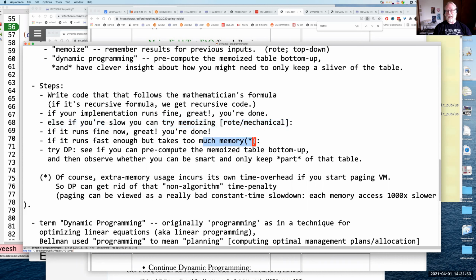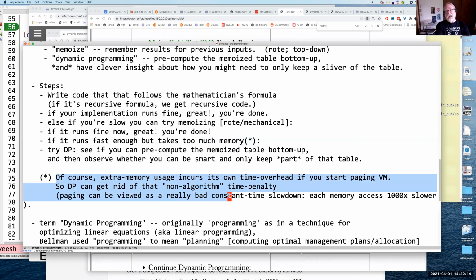If it takes too much memory, using too much memory ends up costing you time, right? You have to allocate the memory, you have to maybe be moving it around. If you fill up your physical memory, you might start swapping out to virtual memory, out to the disk, or even just out of a cache page. The more cache misses you get, that's going to slow you down.